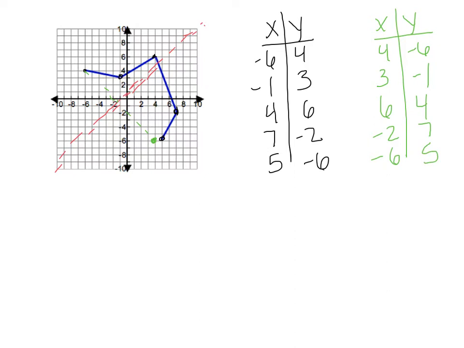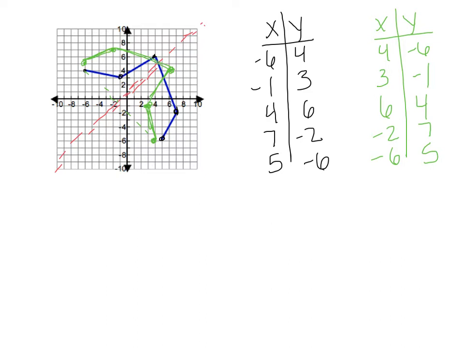So let's go ahead and graph the rest of these points too. 3, negative 1, and then 6, 4, and negative 2, 7, and negative 6, 5. I'm going to connect my points so we can see our reflection. Kind of cool.